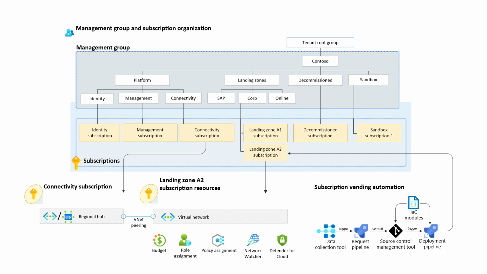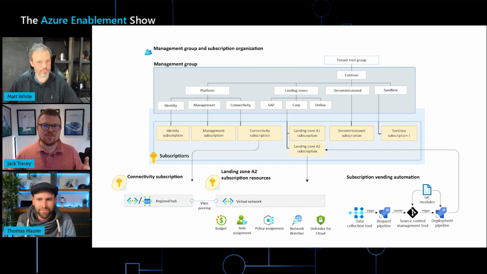But you just need to be careful, if you're provisioning your platform subscriptions via your automation, that you don't get stuck in a circular loop of dependency logic where you need the platform subscriptions to exist before you can deploy your management group hierarchies and your policies and the things that need to go in the platform subscriptions, and you're just going round in a loop. So typically we would see customers create those platform subscriptions manually and actually use the subscription vending modules that we provide for the application landing zones that you see in the right-hand side of the diagram.